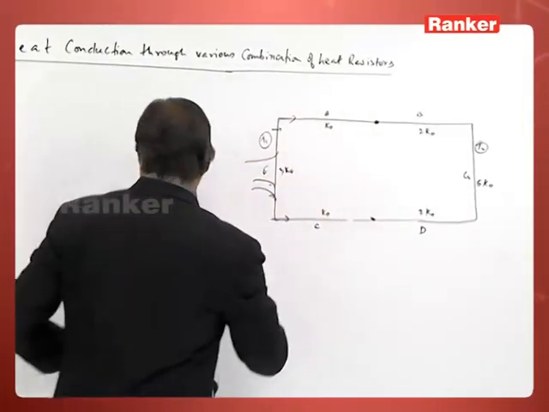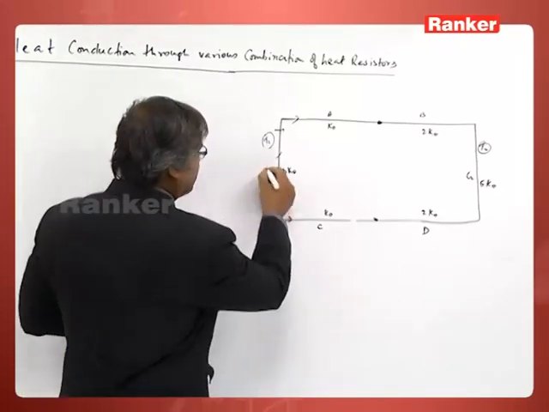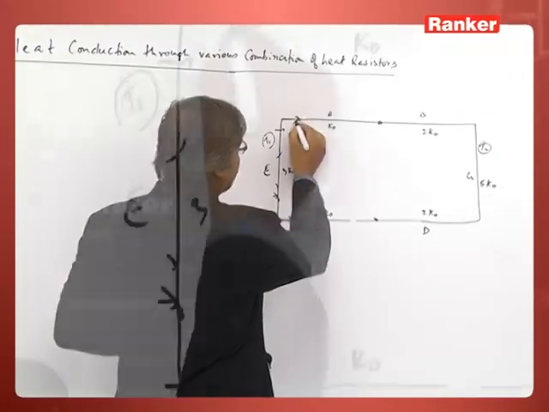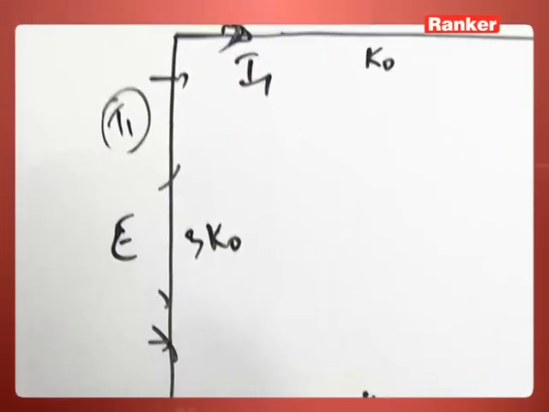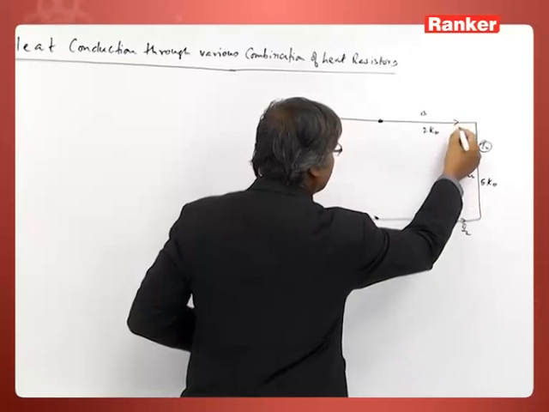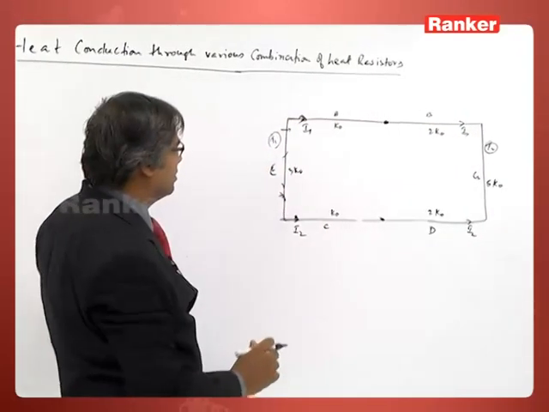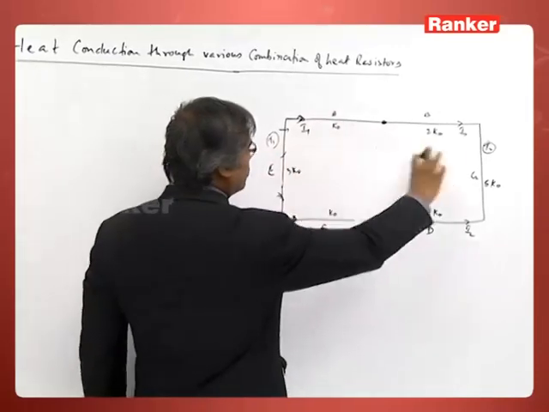So, what happens now? The heat current is I1 here and I2 here, and the heat I2 flows here and the heat I1 flows here. These two conductors are in series and thus heat flows through this.